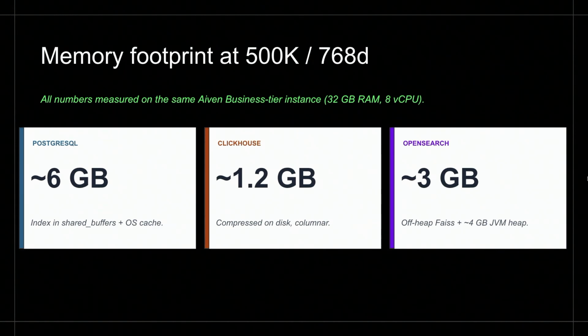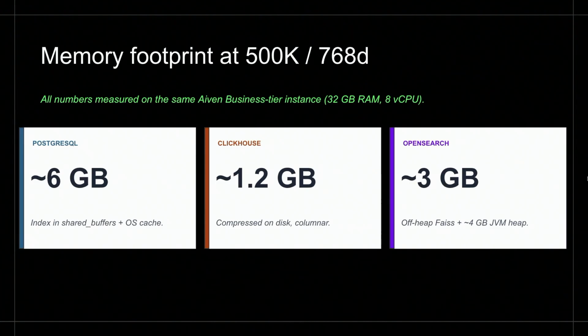The first thing I tested was memory footprint. Memory footprint was around 6 gigabytes for PostgreSQL. The index was held in shared buffers and OS cache, but the memory used was around 6 gigabytes. For ClickHouse it was much lower, around 1.2 gigabytes.